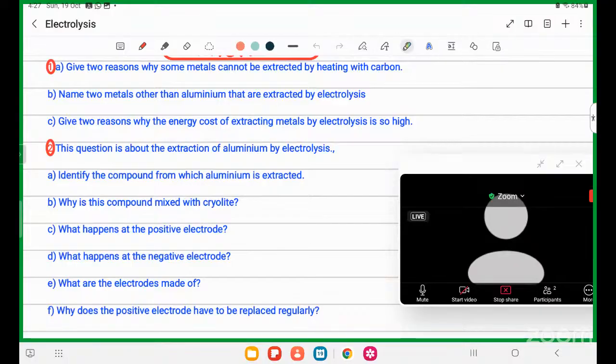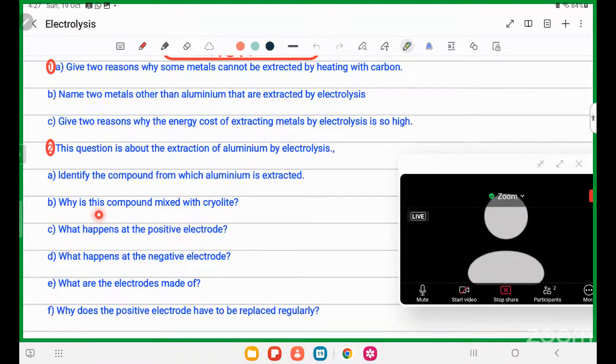Yes, we know reduction will occur at the cathode. So at the positive electrode oxidation normally occurs, so that is not actually correct. And we don't want you to respond with either reduction or oxidation.